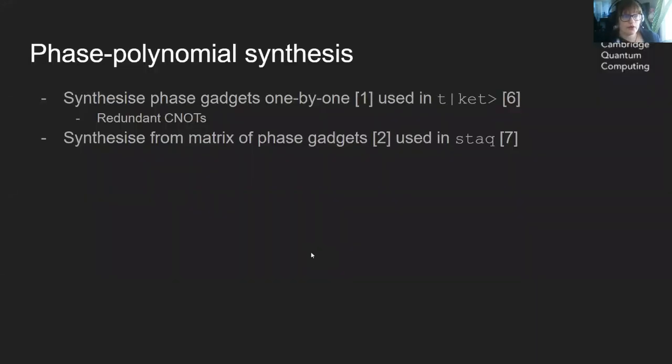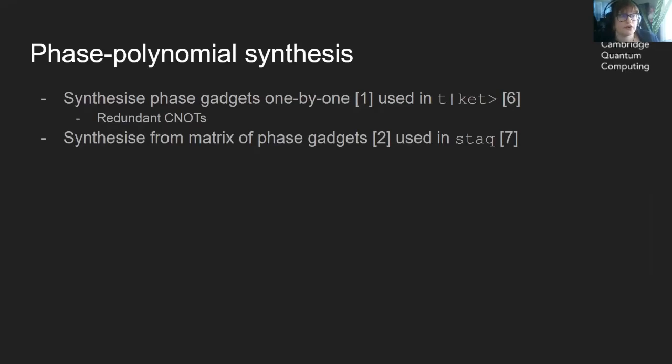So a straightforward approach to phase polynomial synthesis is to simply synthesize each phase gadget in the phase polynomial one by one using this recursive definition, as was previously proposed by Cowtan et al., also presented last year. However, doing this naively will generate a lot of redundant CNOT gates, and this needs to be optimized away.